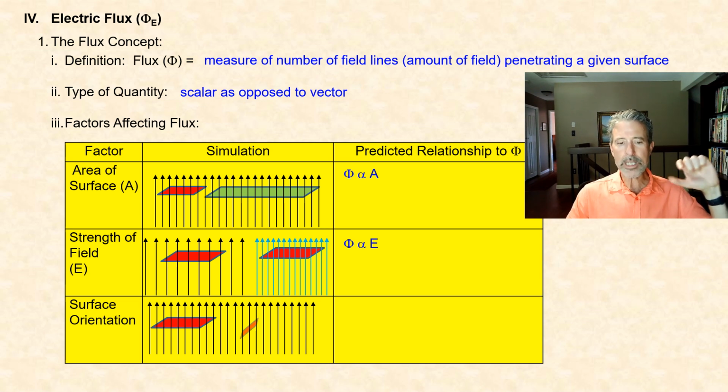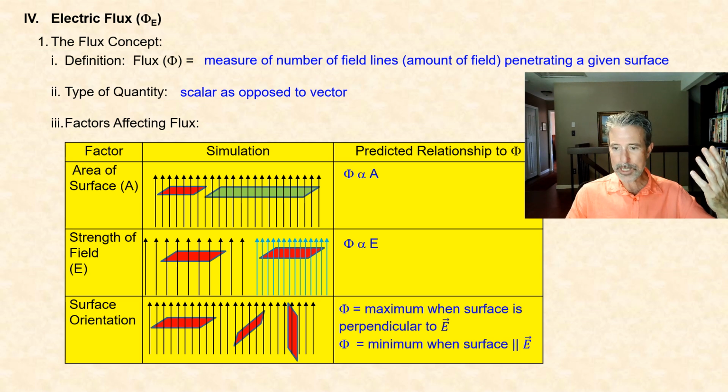What if we rotate that surface slightly, maybe at a 45-degree angle, so that it looks like this? Do you see that even though the surface area is exactly the same, the field strength is exactly the same, fewer field lines penetrate that second surface, the surface oriented at an angle, than they did in the first surface. If I want to look at an extreme here, what if I orient the surface like this? For a two-dimensional surface, in this case, there is no flux. There are no field lines that penetrate that two-dimensional surface.